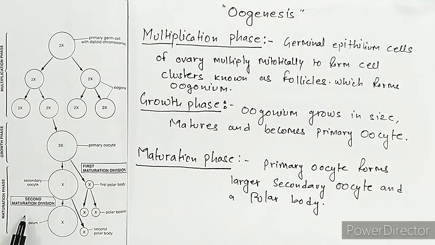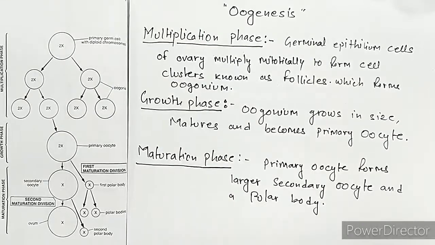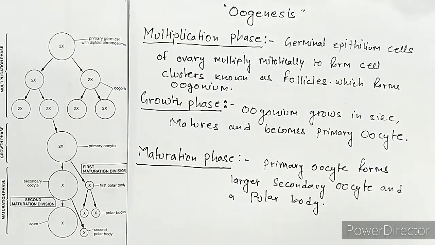And in the second maturation division, they form an ovum, which is one female gamete, and a second polar body, produced from the first polar body. So in total, oogenesis also produces 4 cells, but only one will mature and become the female gamete, the ovum, and the other 3 will degenerate over time as they have no use.